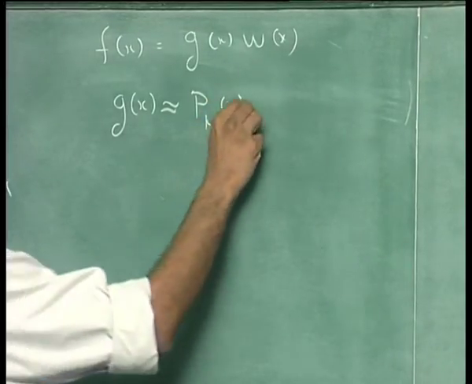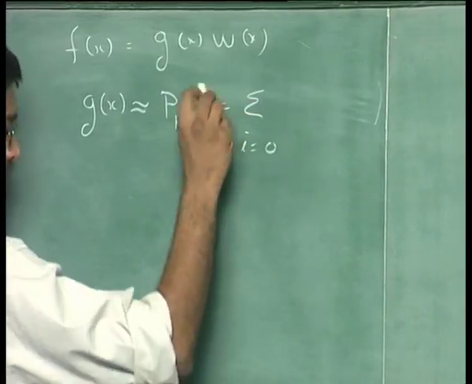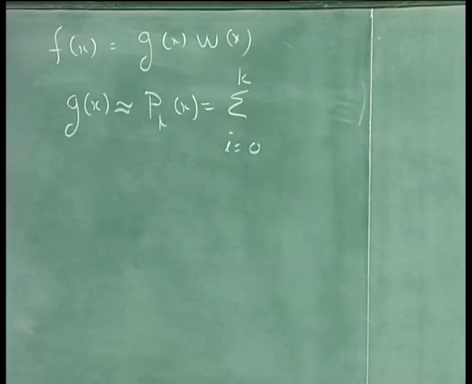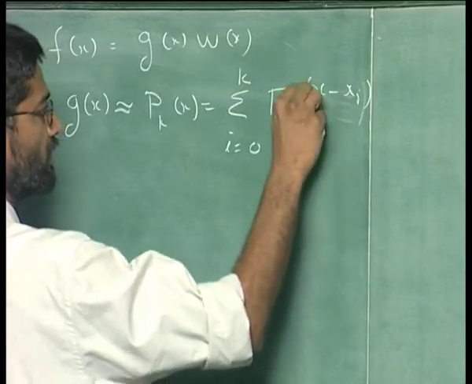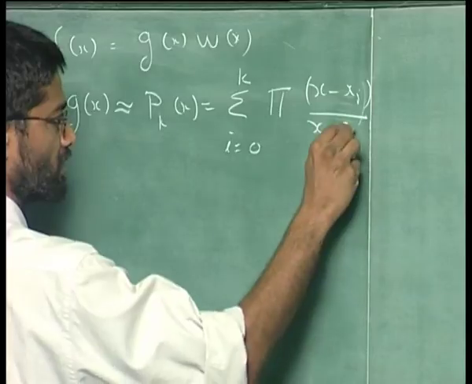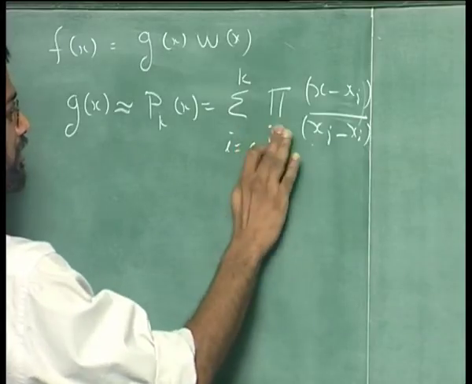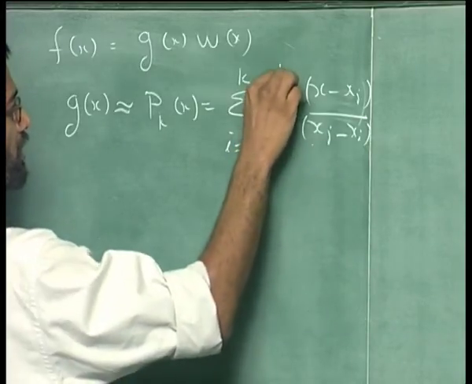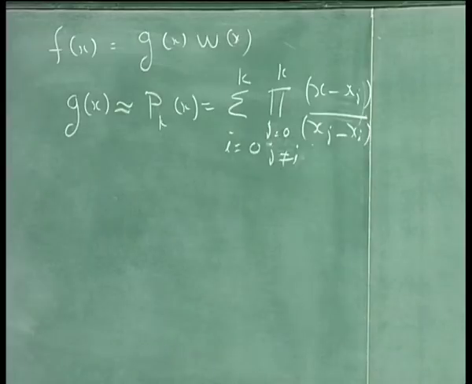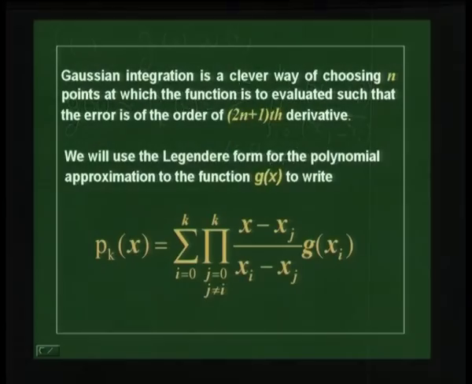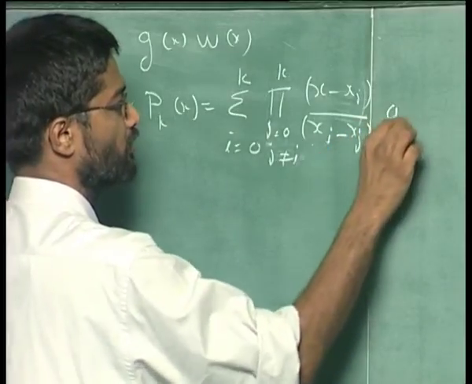Now we write that in the Legendre form, that is the sum over i going from 0 to k, and then the product over j going from 0 to k, j not equal to i, of x minus xj divided by xi minus xj, into g of xi.